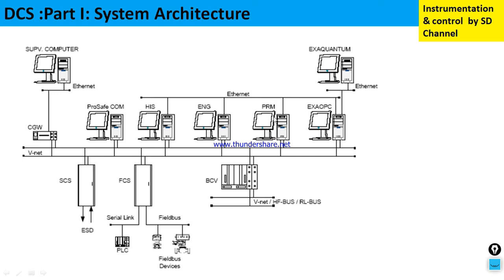I will explain it later. And a history system is there. It means you can see the long-term trend, or suppose 5 years ago what was the trend of some control loop. You can check it. I'll also explain it separately. So this is the system architecture, a typical plant.